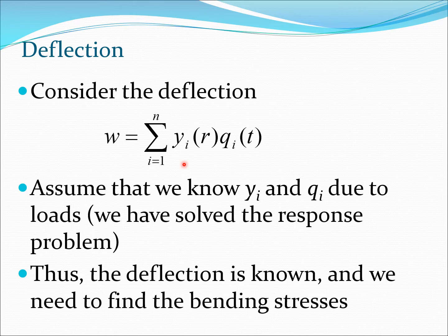So you would have the global degrees of freedom, and then using the shape functions you can actually get this particular function out for the entire global system. Now essentially here we are going to consider n terms, so here i is 1 to n. Now the deflection is known here and we need to find the bending stresses.